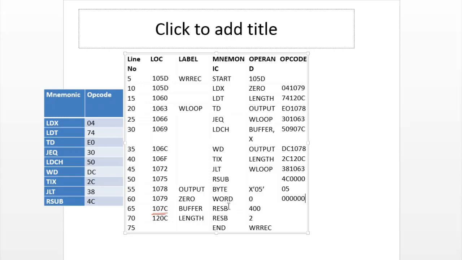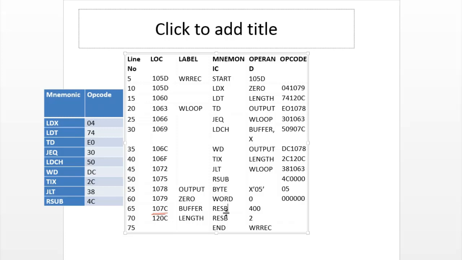Now, do we have to write anything for reserve byte? No need. Only if constants are there, then we have to write their machine language equivalents. Whenever we have reserve byte or reserve word, they need not be converted into opcode, because these lines are assembler directives and are not converted by the assembler into machine code.